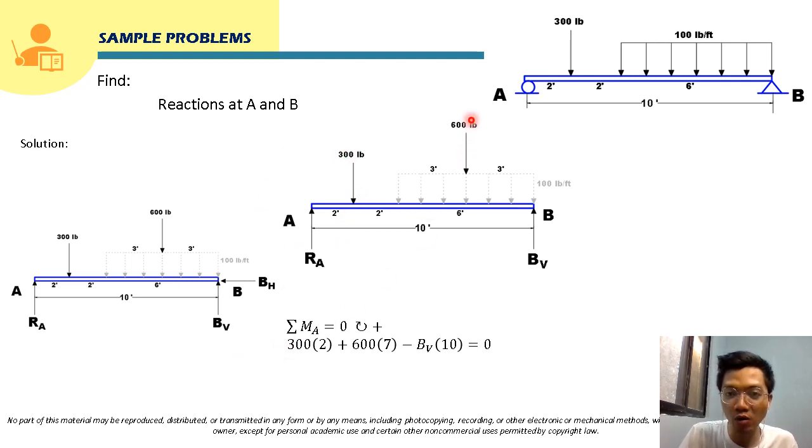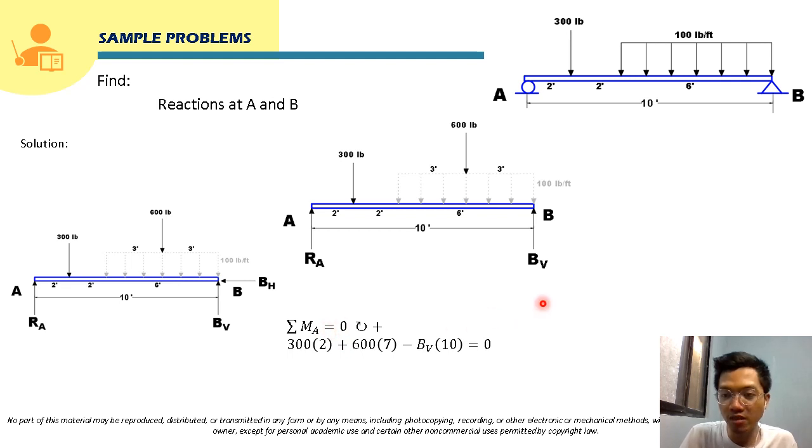Now for our 600 pound concentrated load, its moment arm about point A is located 3 feet from here, plus 2, plus 2, so that will be 7. So that will be 600 times 7, and the direction of this moment will be clockwise as well, so it will be positive here.